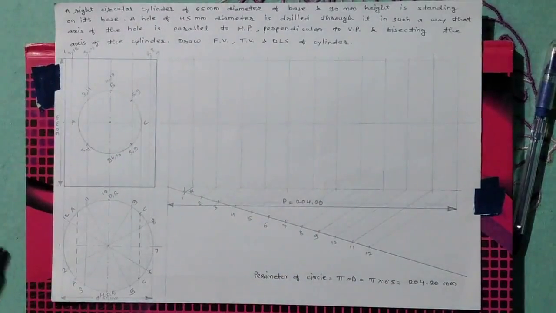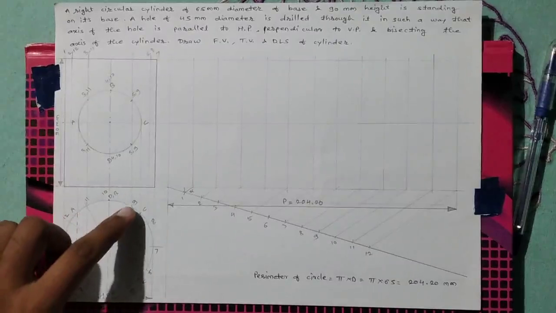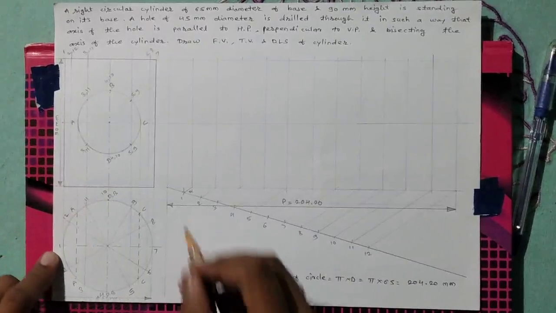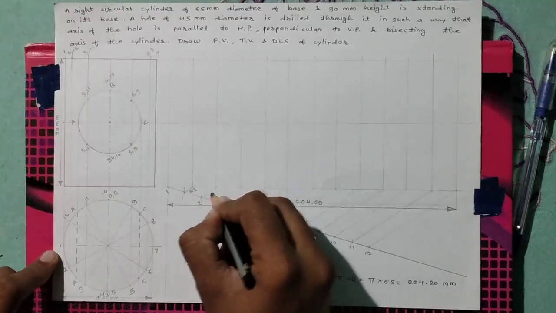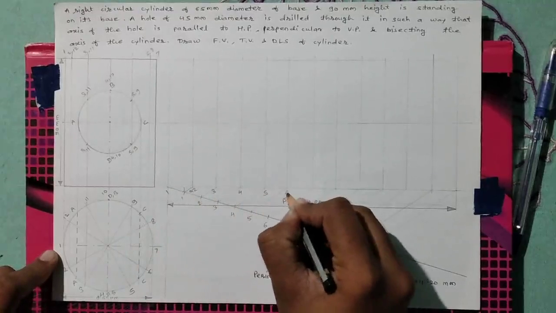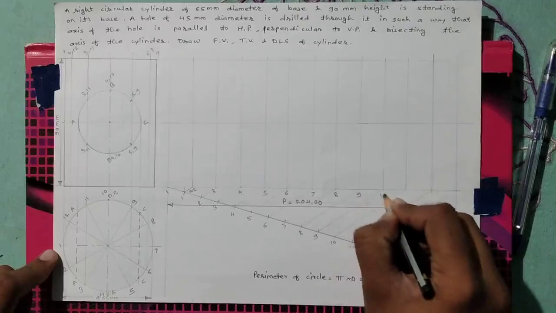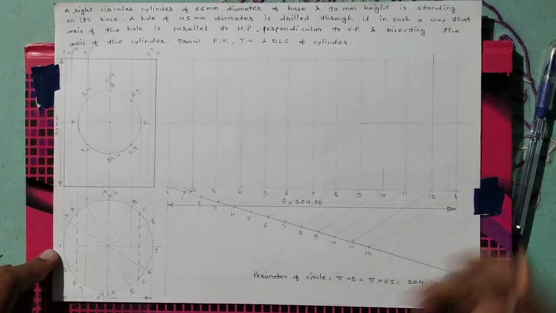After that, we have to give the points 1, 2, 3, 4, 5, 6, 7, 8, 9, 10, 11, 12, and again 1.